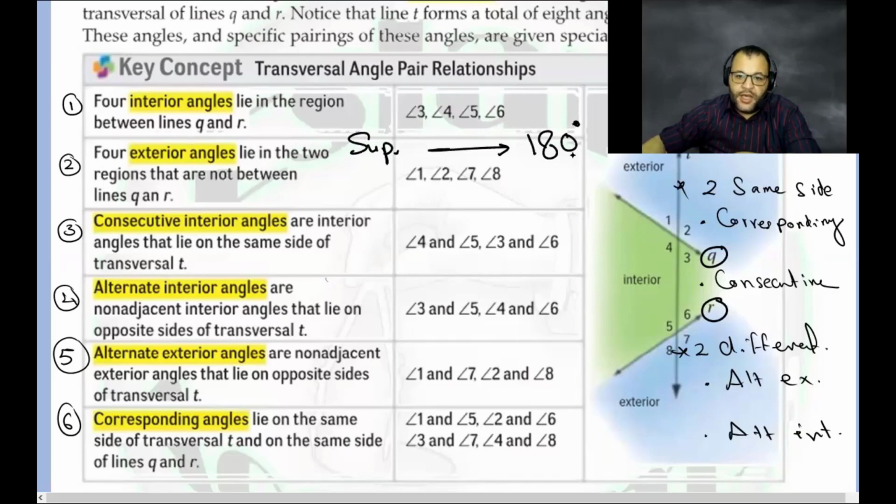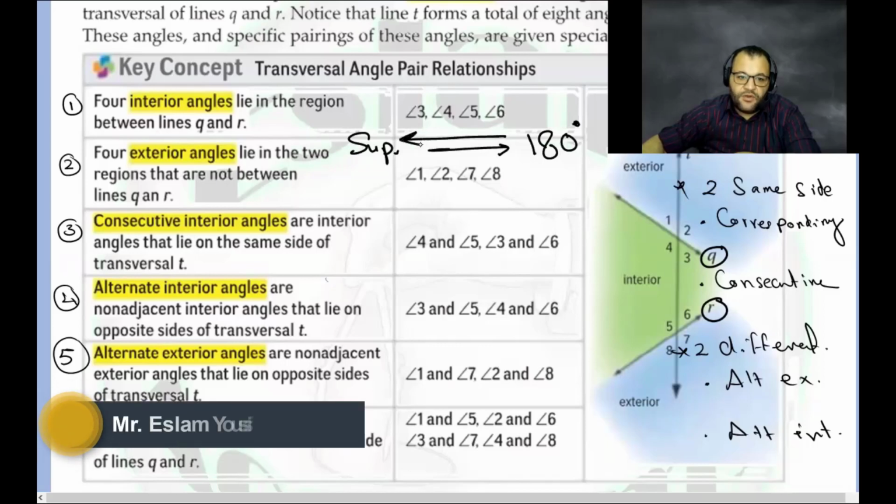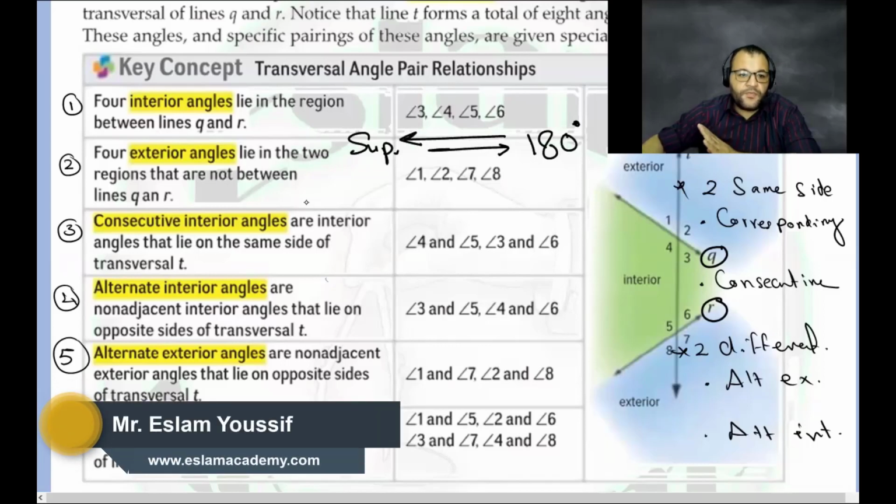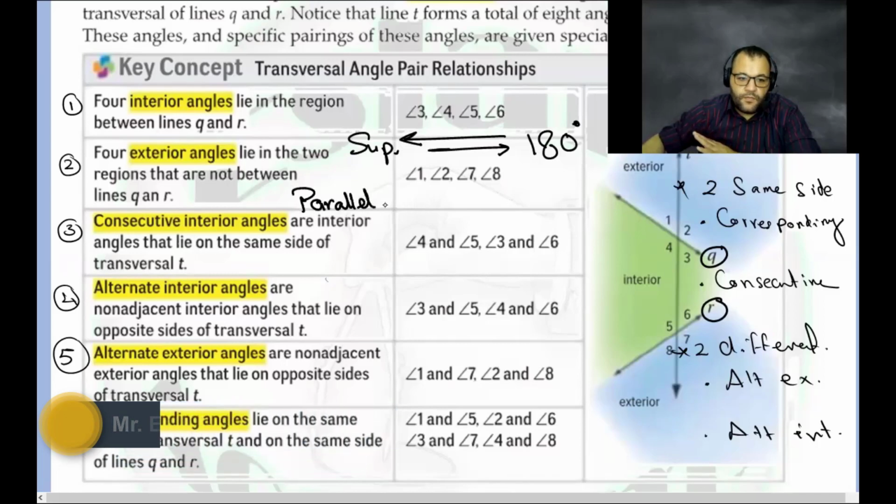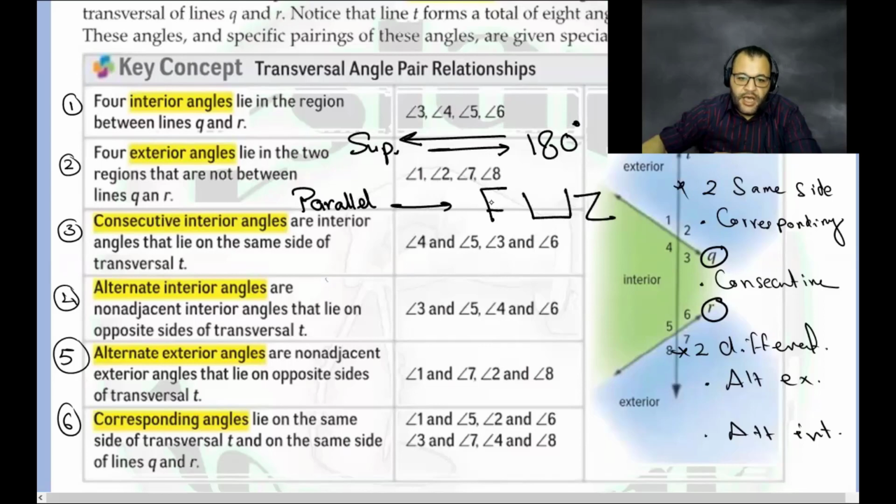If the sum of the two angles is 180, then we will have supplementary. So if we have parallel, we have one of the three cases: F equal, U supplementary, and Z equal. If we have one of them, then we will have parallel lines. You understand it? Okay.